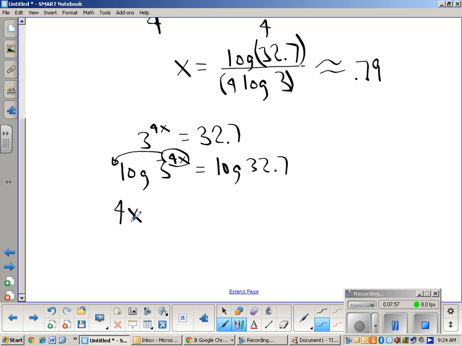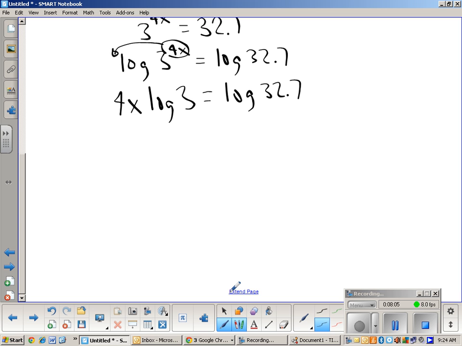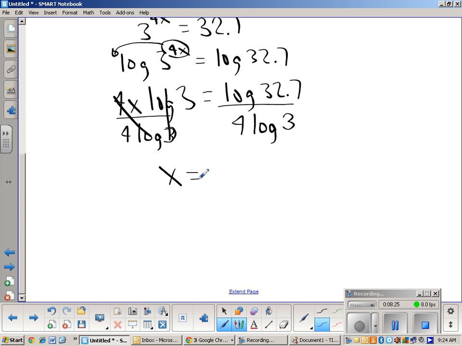And so we get 4x log 3 equals log 32.7. And if I divide both sides by 4 log 3, okay, on this side, this all cancels. I'm left with an x equals, actually approximately equal to.